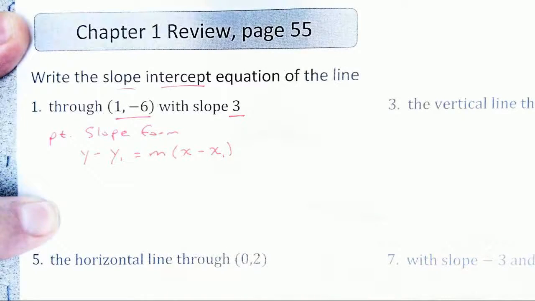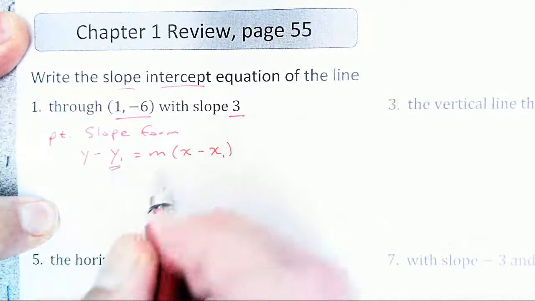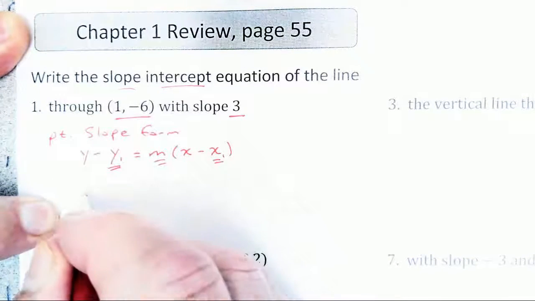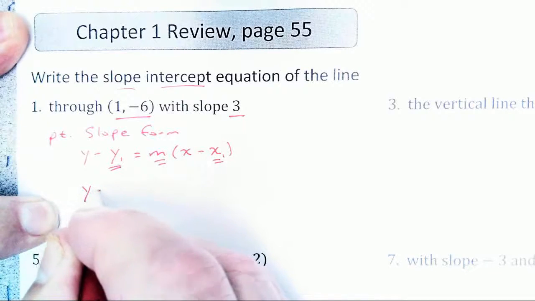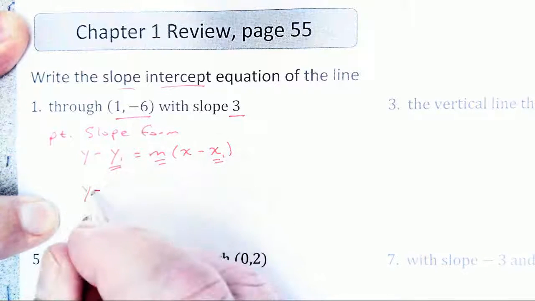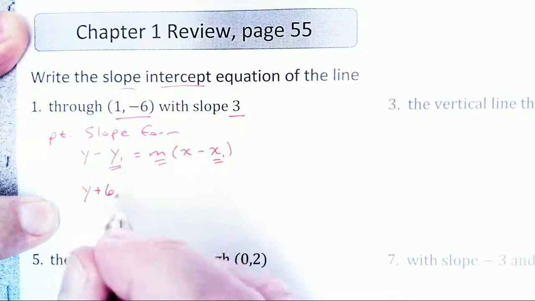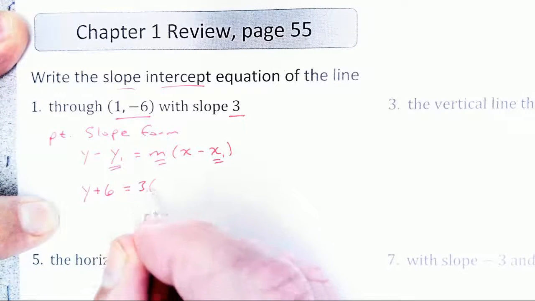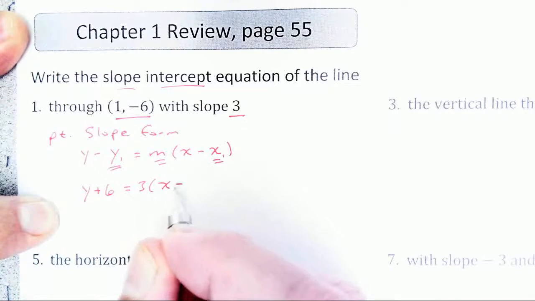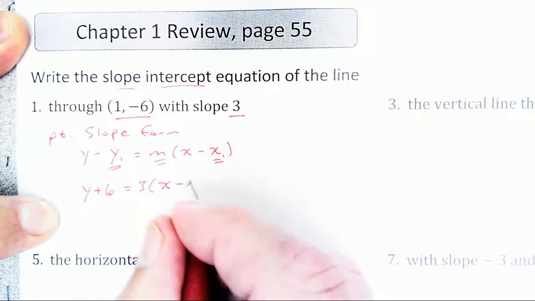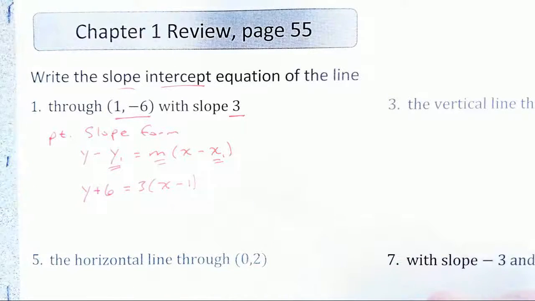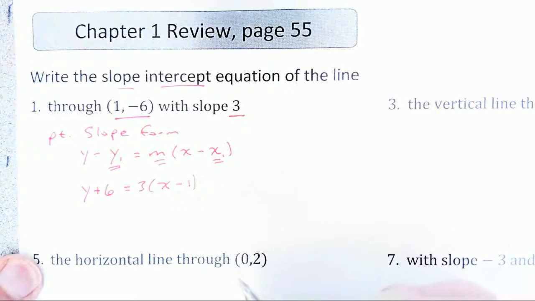I just call it puzzle pieces. We just got puzzle pieces to put into these givens. So we end up with y minus the y coordinate, -6, so y plus 6 equals 3 times x minus the given x coordinate, 1.